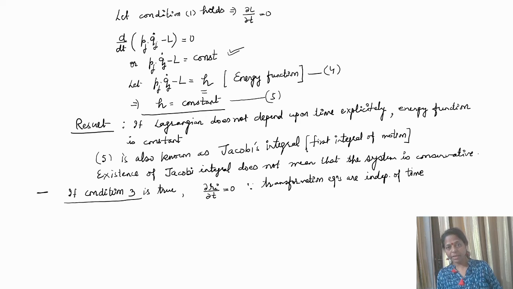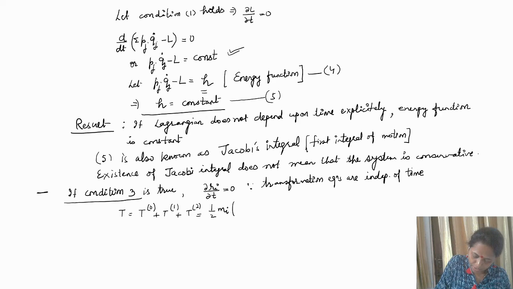Now, what is your kinetic energy in terms of generalized coordinates? We know the expression for kinetic energy was, in standard notation, written as T0, T1 and T2, where T2 is half sigma m_i (delta r_i by delta t) squared.